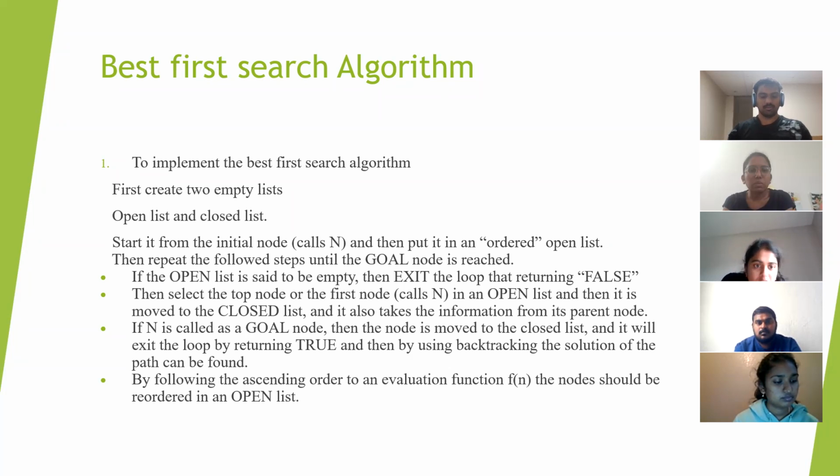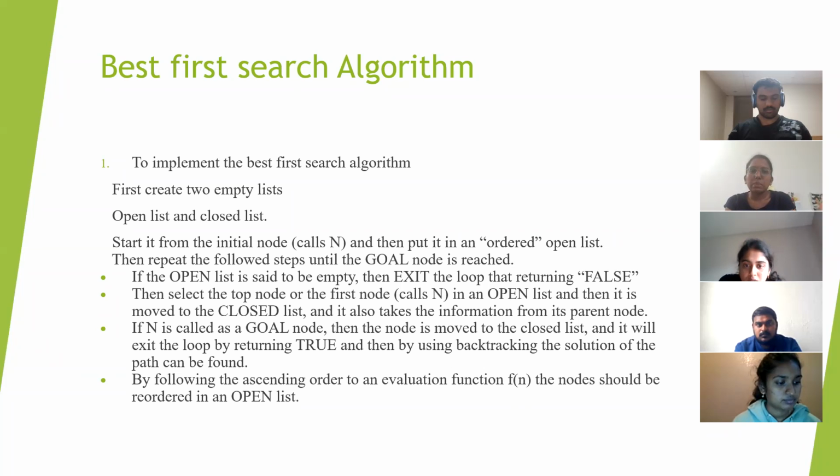If the open list is empty, then exit the loop and return false. Else select the top node n in the open list and move it to the closed list, taking all the information present in its parent node. If the chosen n is the goal node, then the node is moved to the closed list, and it exits the loop by returning true.